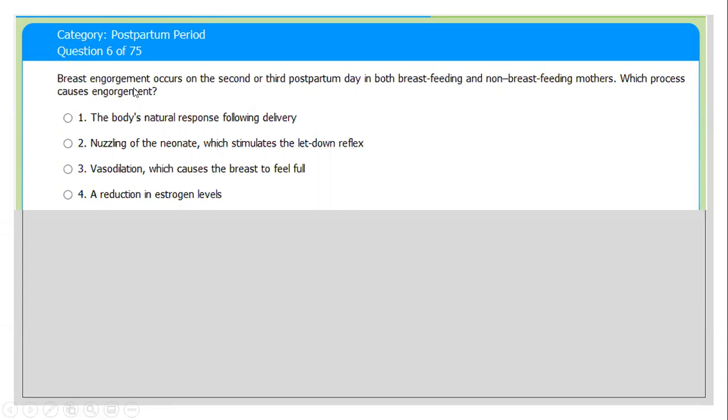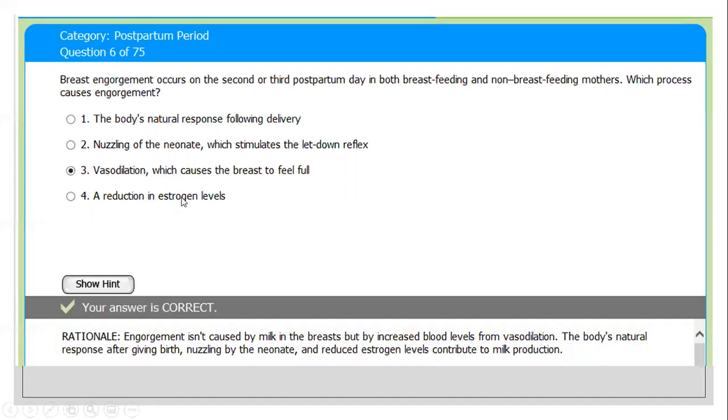Number two, nuzzling the neonate, which stimulates the letdown reflex. Number three, vasodilatation, which causes the breast to feel full. And number four, a reduction in estrogen level. The correct answer is vasodilatation, which causes the breast to feel full.